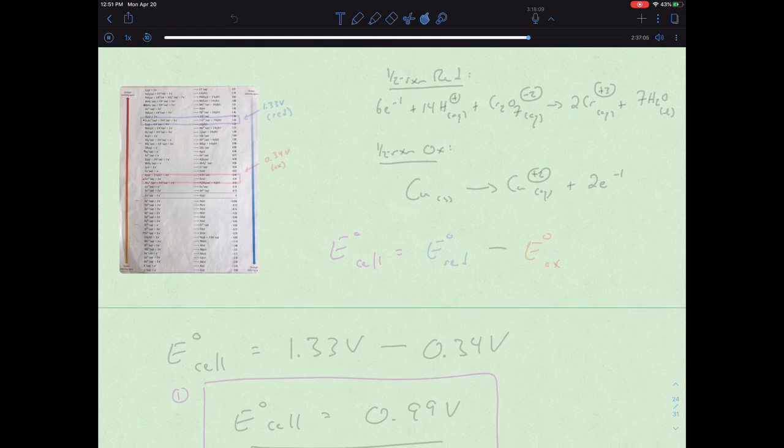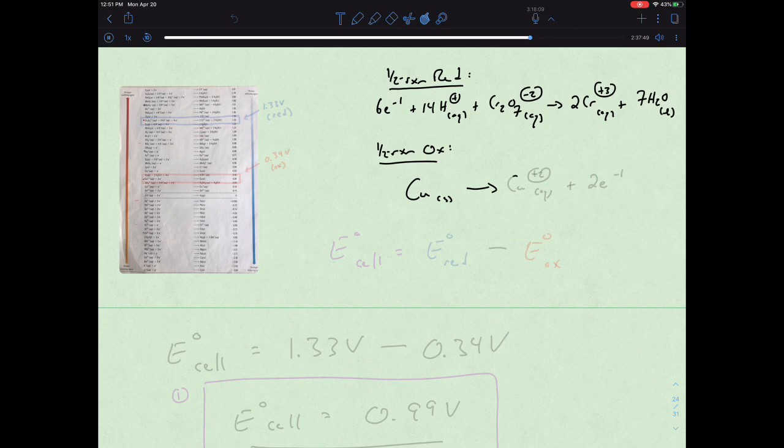We're looking for our half reaction for reduction to be the 6 electrons plus the 14 protons plus the dichromate produces the 2 chromium ions and 7 H2Os. And then we have our half reaction for our oxidation, namely looking at the copper going to copper plus 2 and producing 2 electrons in that oxidation.